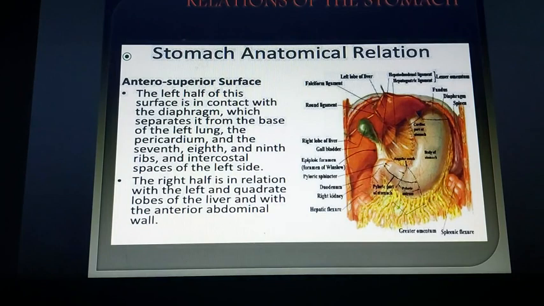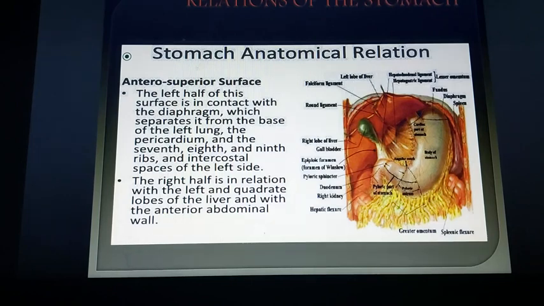Coming to the antero-superior surface relations. The left half of this surface is in contact with the diaphragm, which separates it from the base of the left lung and also the pericardium, the 7th, 8th, 9th ribs and intercostal spaces of the left side.